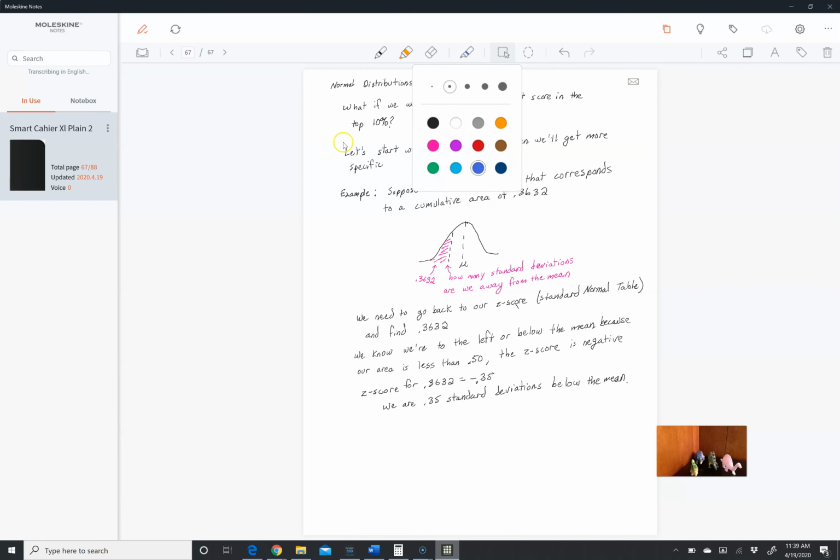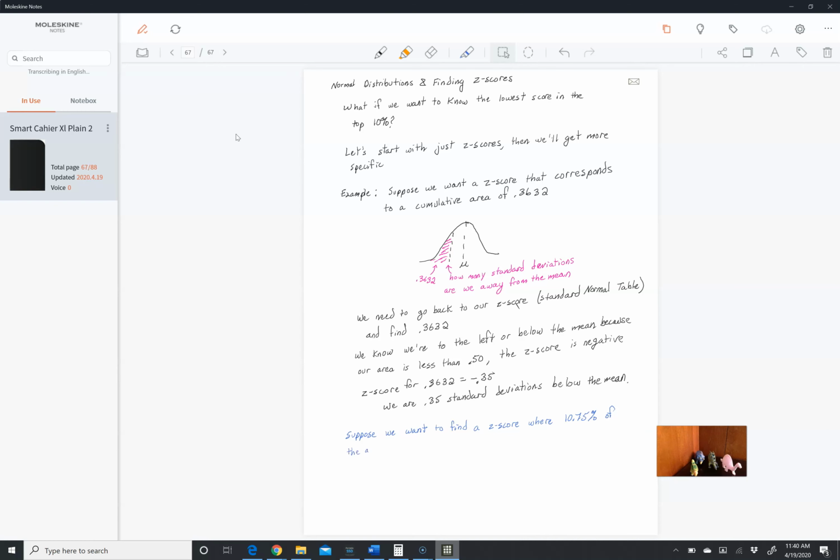So I just want to be clear, we're looking for the z-score with 10.75% of the area. So remember, we mean the area under the curve is to the right.